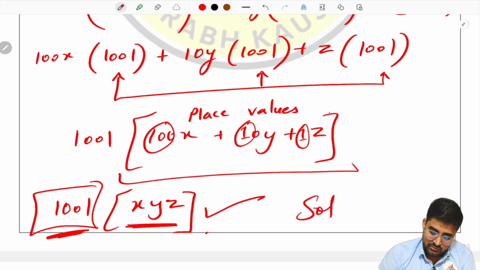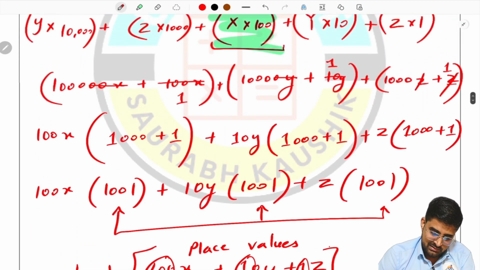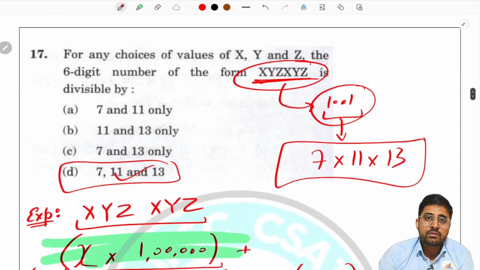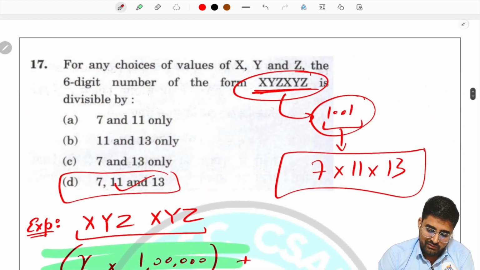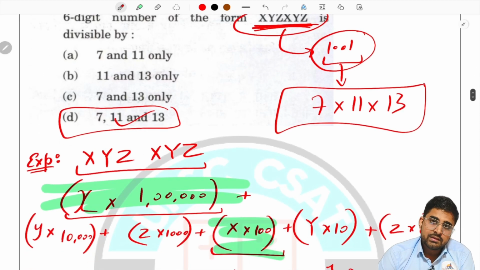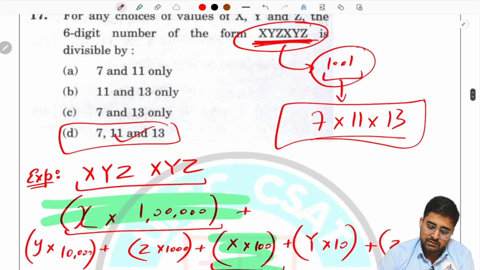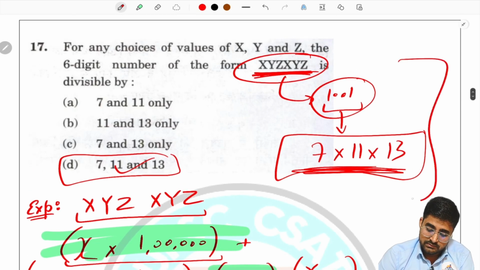That's the solution. Remember this thing. That's the explanation of this short formation. If you have remembered that this number is going to be divisible by 1001, then you have solved this. And the factors of 1001 are these. So learn this.